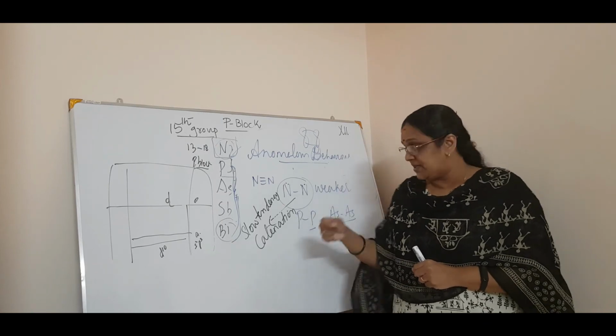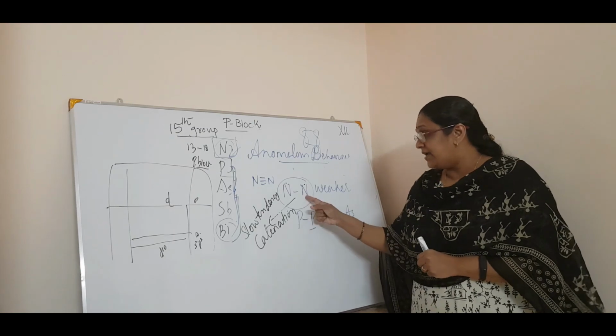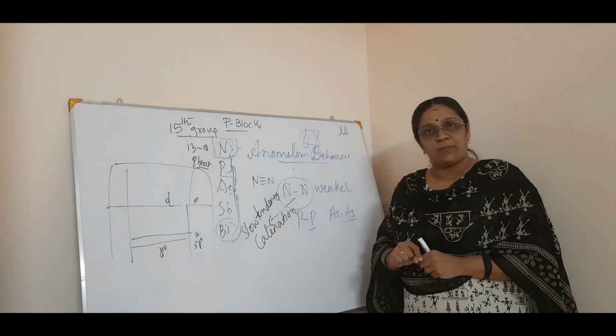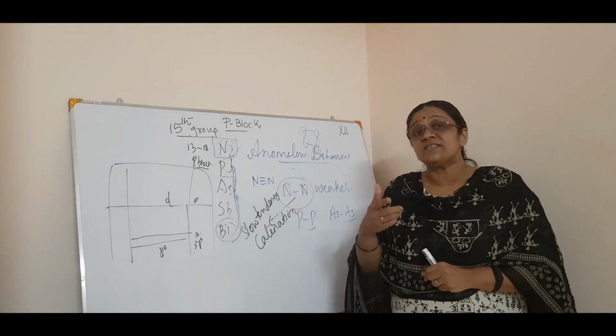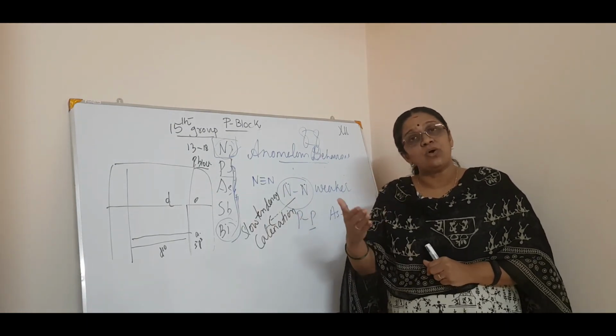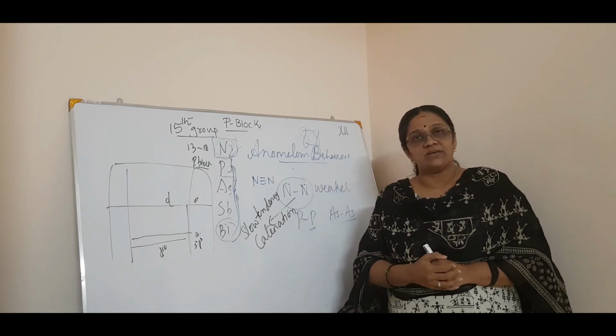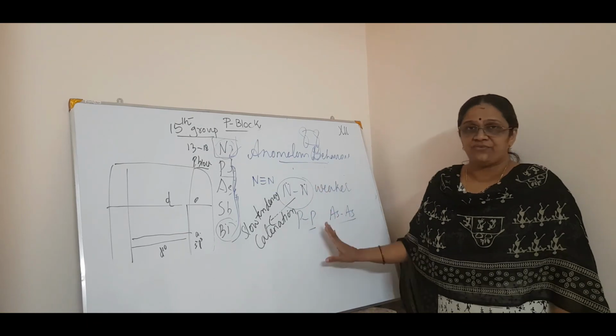Then the second point is that the nitrogen-nitrogen single bond is weaker. That is why it shows no catenation property. Now it does not show d-pi bonding because of the absence of d orbitals. But the others will show what? The others will show d-pi bonding. So all these are the anomalous behaviors of nitrogen.